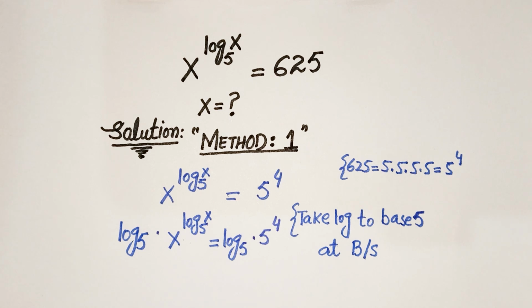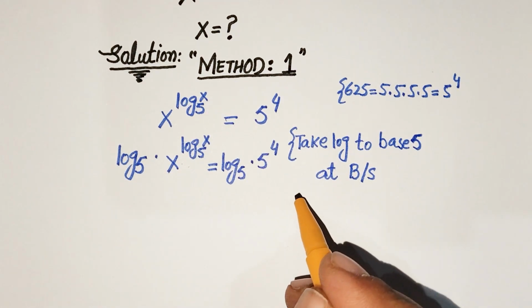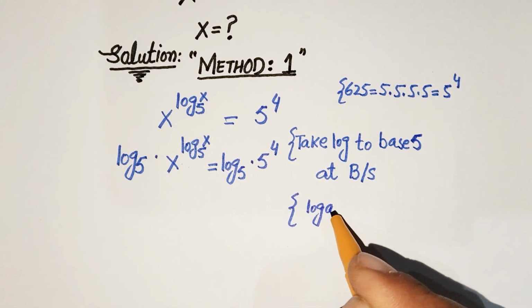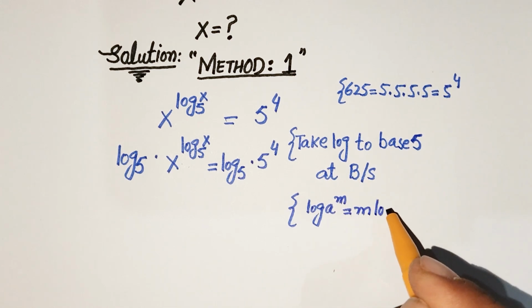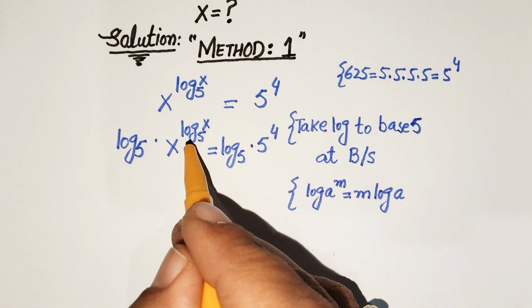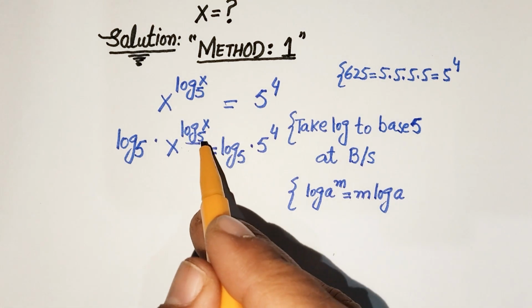So now we are going to write here that using logarithm law, as we know that if we have log a raised to the power m, then we can write it m log a. So now here it is our exponent, so we are going to write here this x log x with base 5.